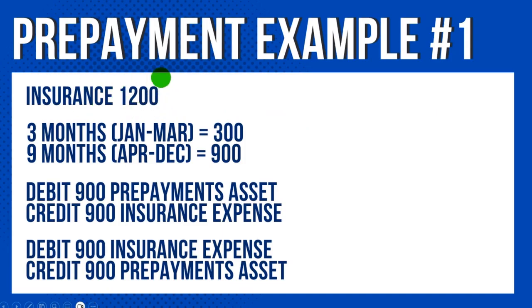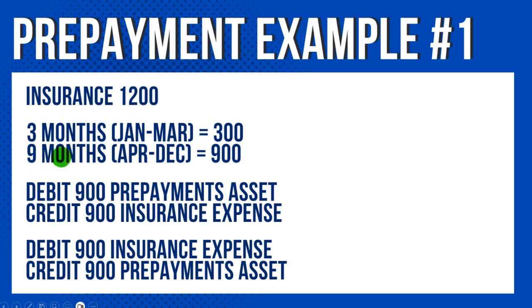So we have our 3 months and our 9 months. So it's £1,200 worth of insurance, or €1,200, 1,200 yen, $1,200. What we have to do is split that between the periods of cover per financial year. So if 3 months are January, February, March, we need to allocate 3 months of this expense to this financial year.